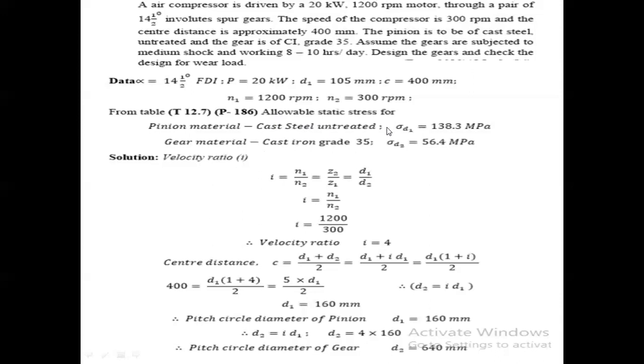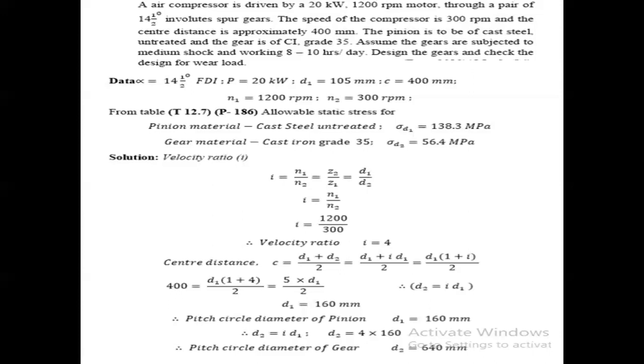For cast steel, the allowable stress is 138.3, and for cast iron grade 35, the allowable stress is 56.4 megapascal. Here for pinion as well as gear we are using different materials. In the last problem we used the same material for both, but here that is changed.